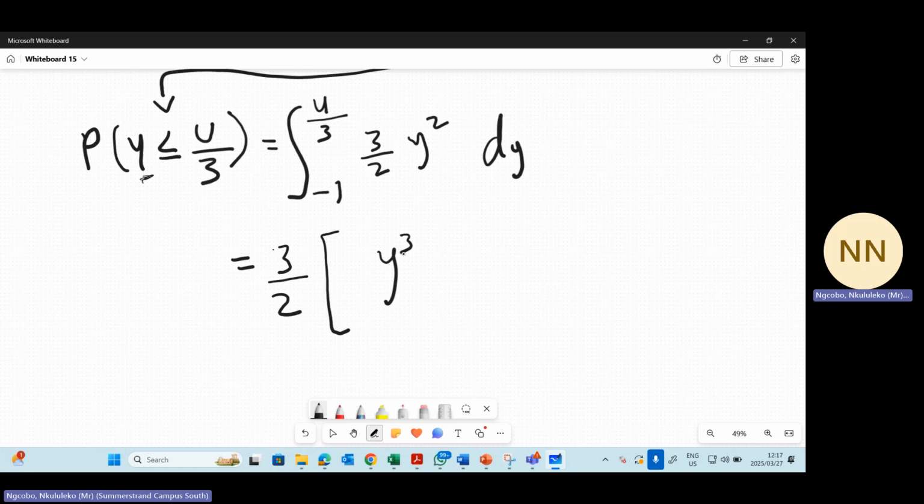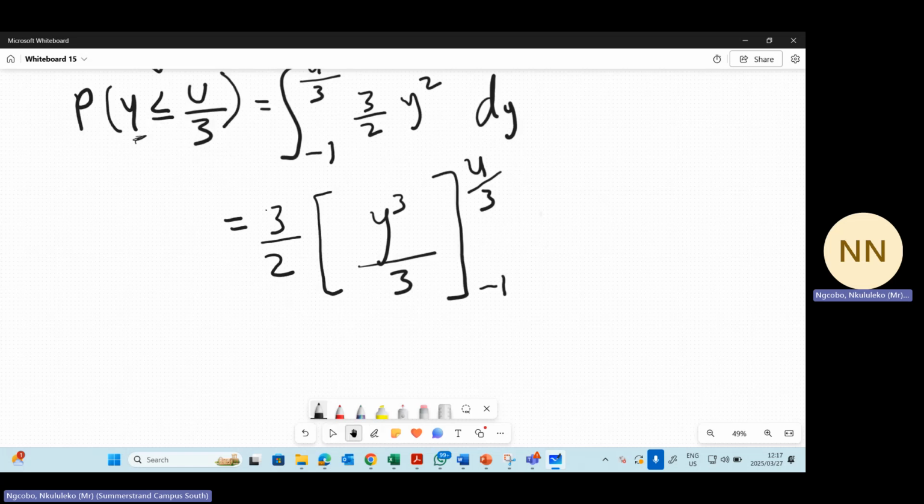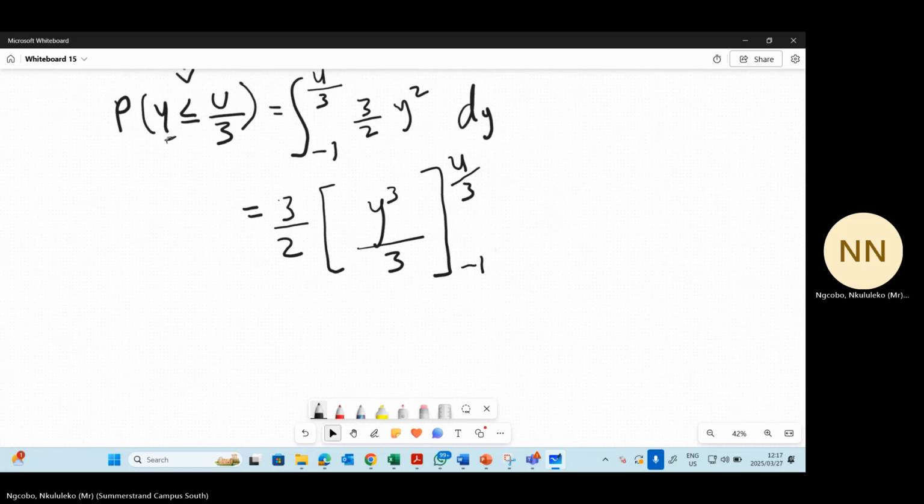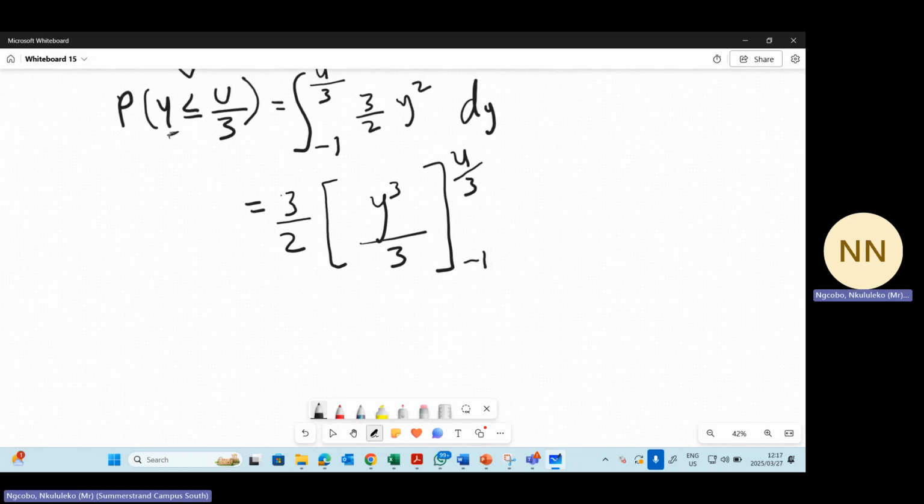It's y cubed divided by 3, and you're integrating from -1 to y over 3, right? Y over 3. And so this then becomes what? This becomes 3 over 2.